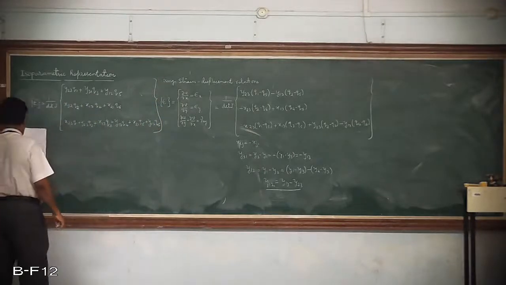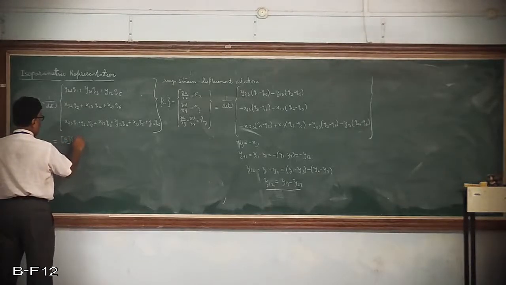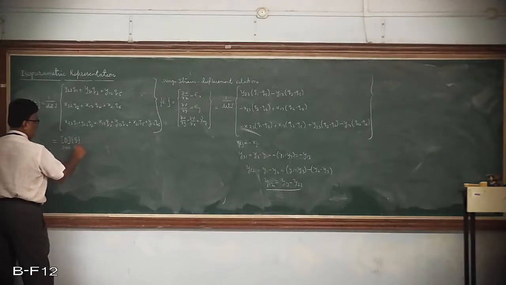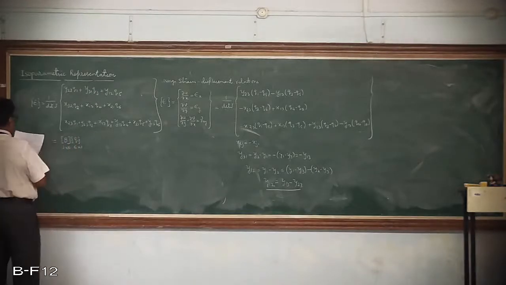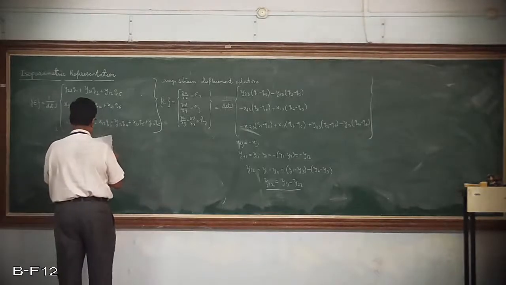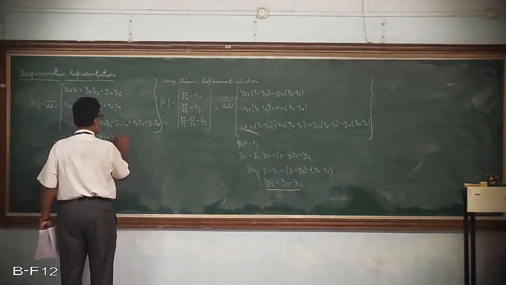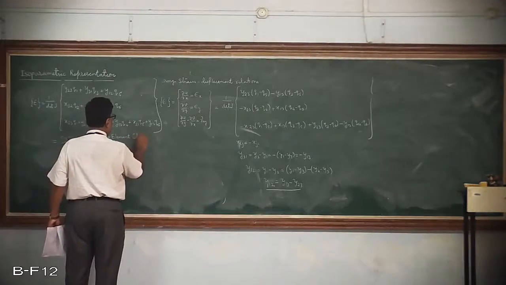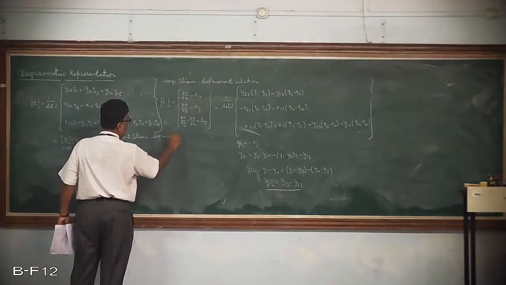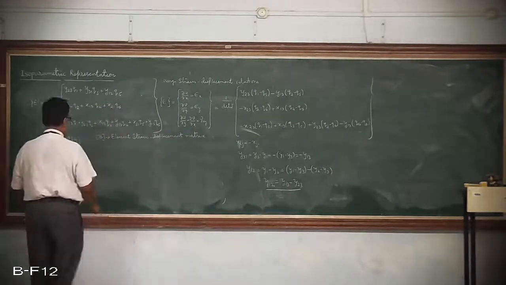So once you substitute, please remember this is a 6 by 1 matrix. What is this B? So how to define that?